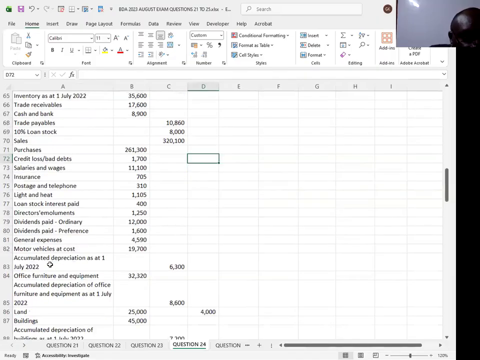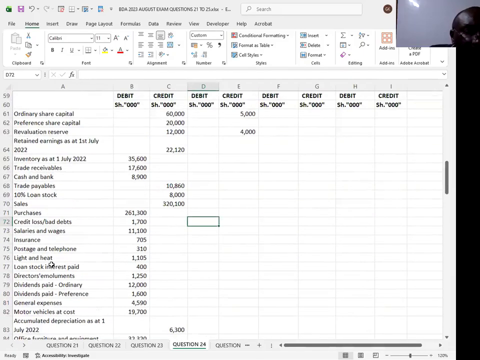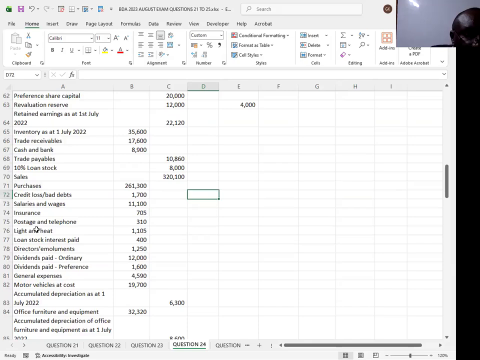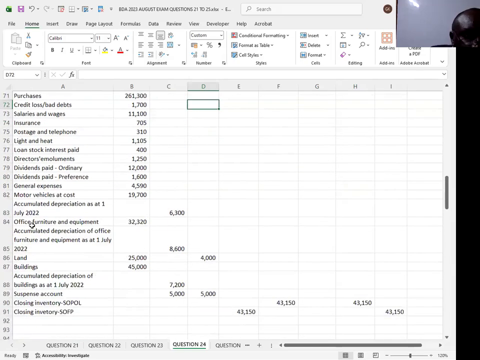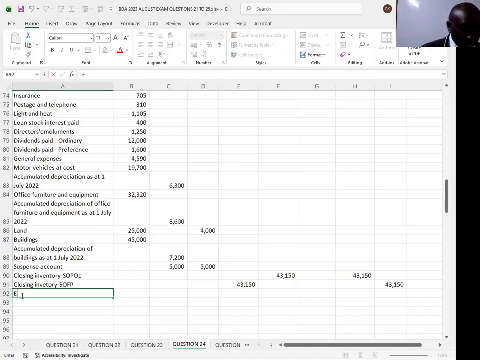I don't know whether we had it. Ndio tujue whether it's an increase or a decrease. Did we have the expected credit loss? Hatuna. So kama hatuna, we are going to create one here. Expected credit loss.